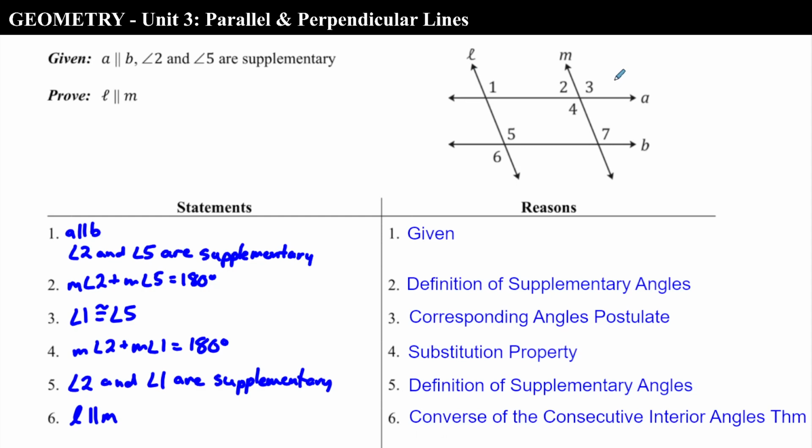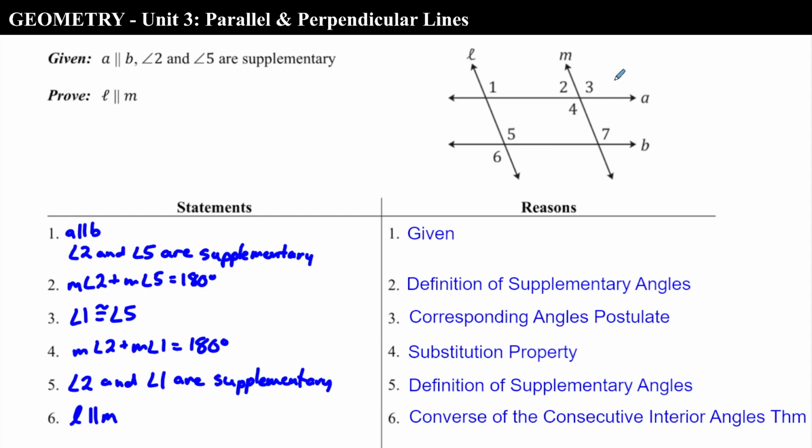Okay, so we've done quite a few proofs here. Hopefully you've got an idea of how some of these angle relationships work and how parallel and perpendicular lines work. In the next section, we're going to veer a little bit and give you a review of some algebra topics, because when you have parallel lines and perpendicular lines, you can plot them in a coordinate plane.